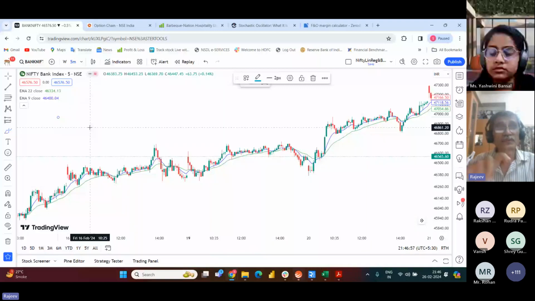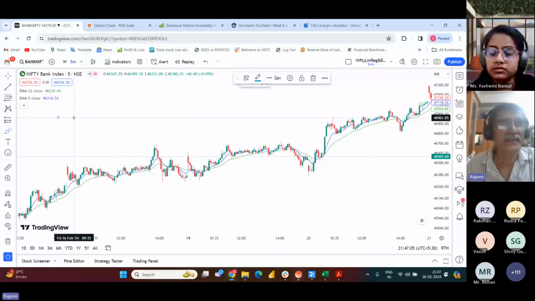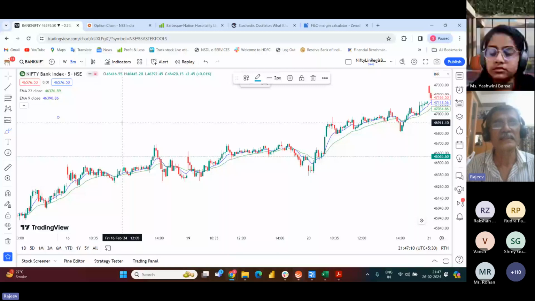So these are two different averages of different periods. EMA 22 is nothing but the exponentially moving average of 22 candles, 22 candle periods. Each candle is of 5 minutes. And this EMA 9 is the average of 9 candles.